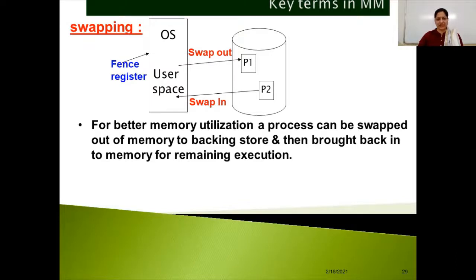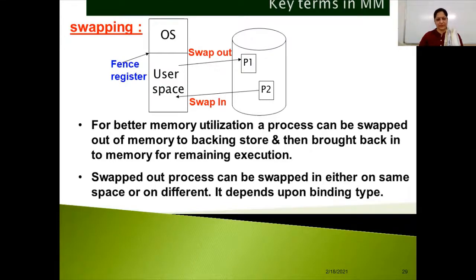That memory should be efficiently utilized by all the processes which want to execute on the CPU. That is why, at any moment, whatever process wants to execute will be brought into memory, and once it finishes its execution, it will be kept back in the secondary storage, that is, the hard disk. So this whole process is called swapping.